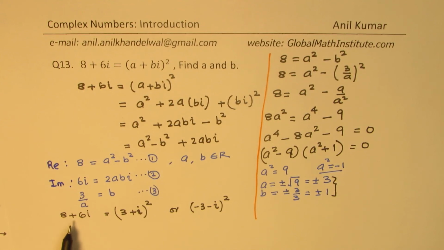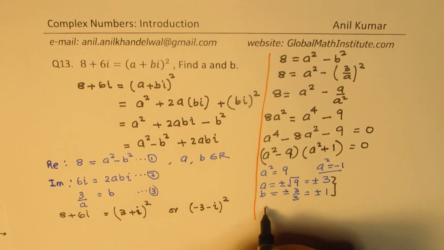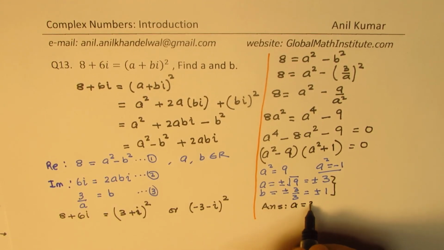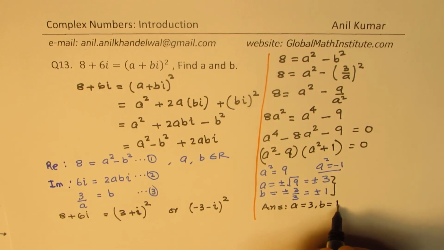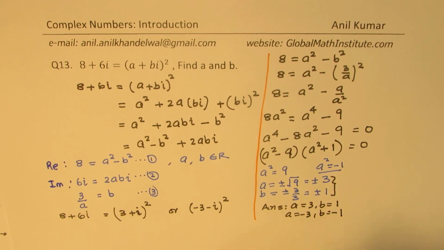So we can write 8 + 6i as (3 + i)², basically. That is one and the same thing. So that is how we can find the values of a and b. We get our answer: a = 3 and b = 1, and if a = −3, then b = −1. Is that clear to you?